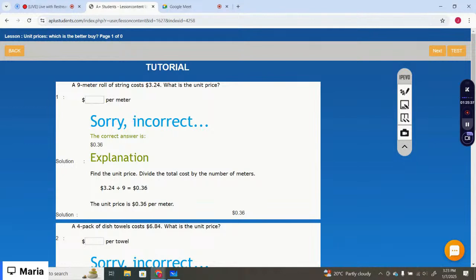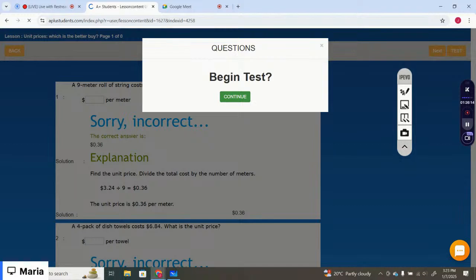So you have to divide 3.24 by 9. 3.24 divided by 9 is $0.36. So the unit price is $0.36 per meter. Let's just start with the test questions.